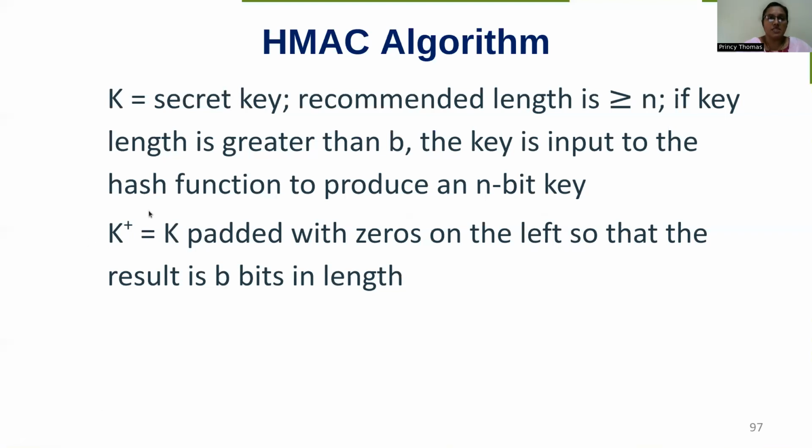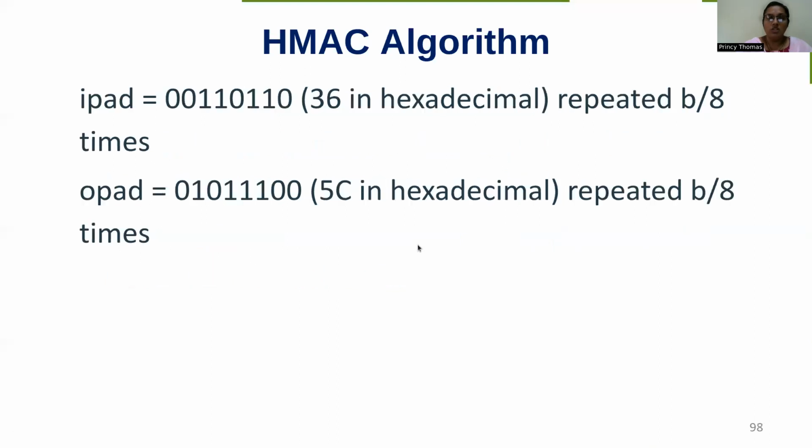Now, what is K plus? This is K padded with zeros on the left so that the result is B bits. To get B bits, the secret key will be padded with zeros on the left. That is K plus. Then we have two padding values.